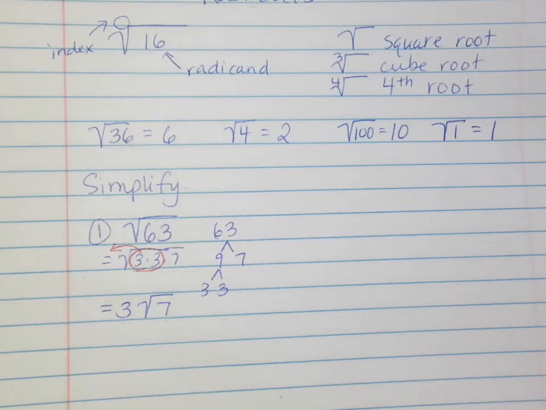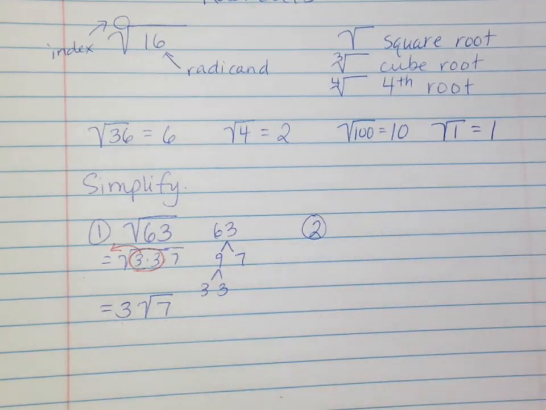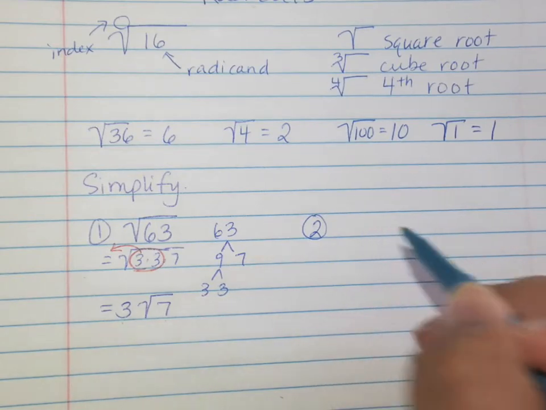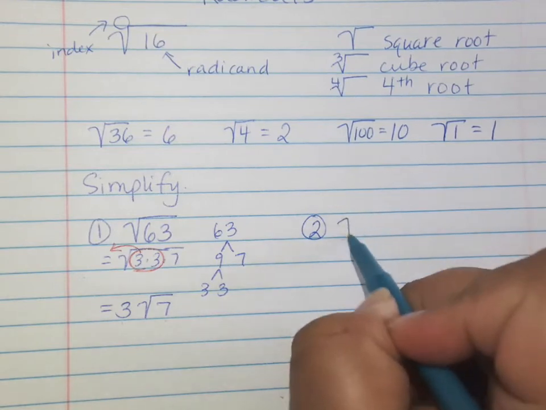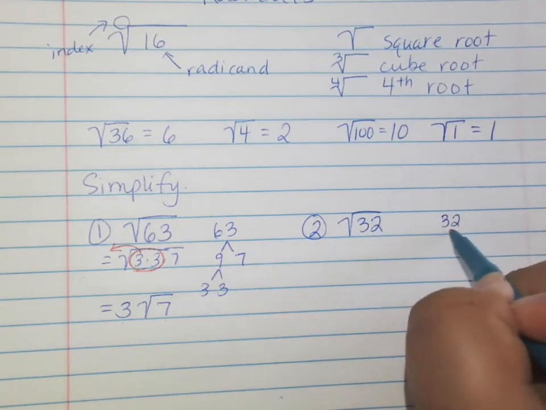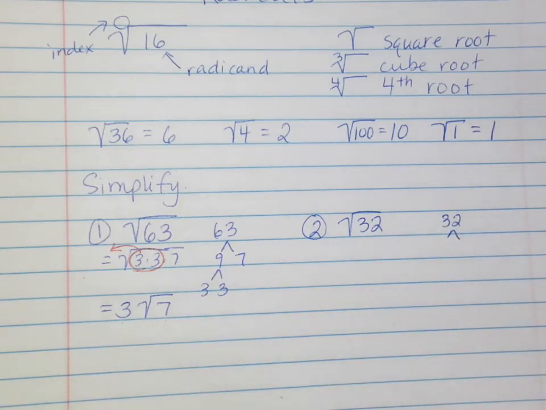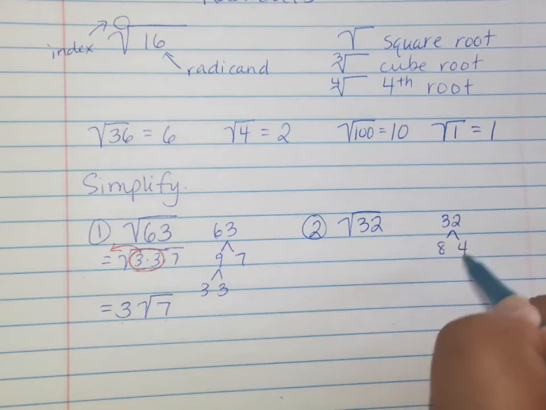Okay, let's practice a few more. Let me give you one with way more numbers. So let's try square root of 32. Again, start with the factor tree. So 32 is 8 times 4.